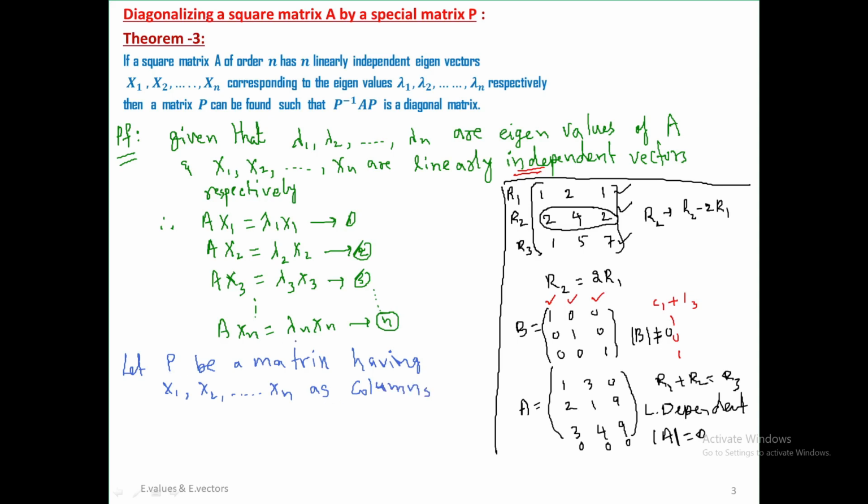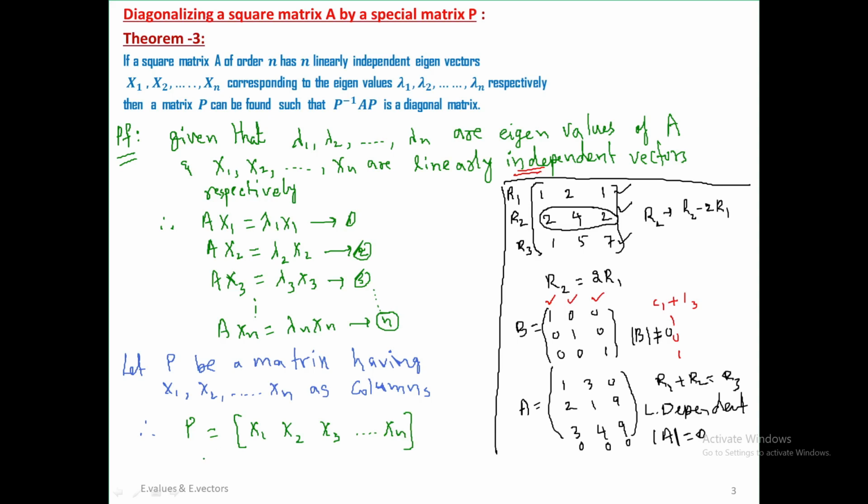So the matrix P is: the first column is x1, the second column is x2, the third column is x3, and so on, the last column is xn.